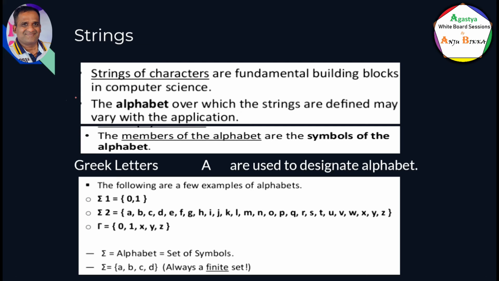Then what is a string? When we discuss what a string is, strings of characters are the fundamental building blocks in computer science. A string means a sequence of characters.